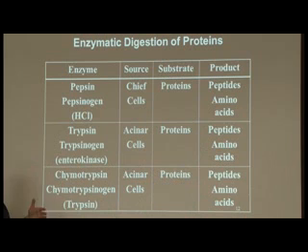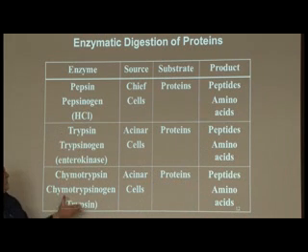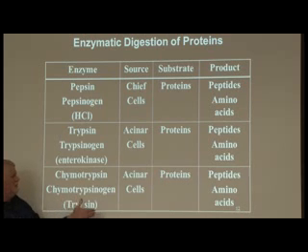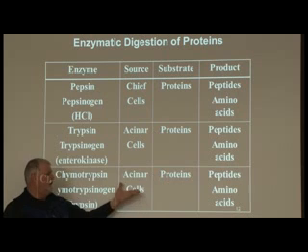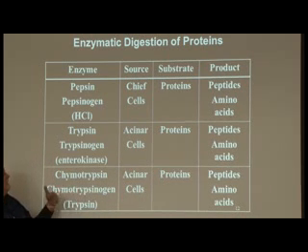And what's kind of cool is that the active enzyme trypsin is going to be the activator for some other enzymes. So it'll actually help us activate enzymes. Another enzyme that we produce for our small intestine is called chymotrypsinogen. And that's what's produced by the acinar cells of the pancreas. Again, it travels down the pancreatic duct through the hepatopancreatic ampulla to get into the lumen of the duodenum.